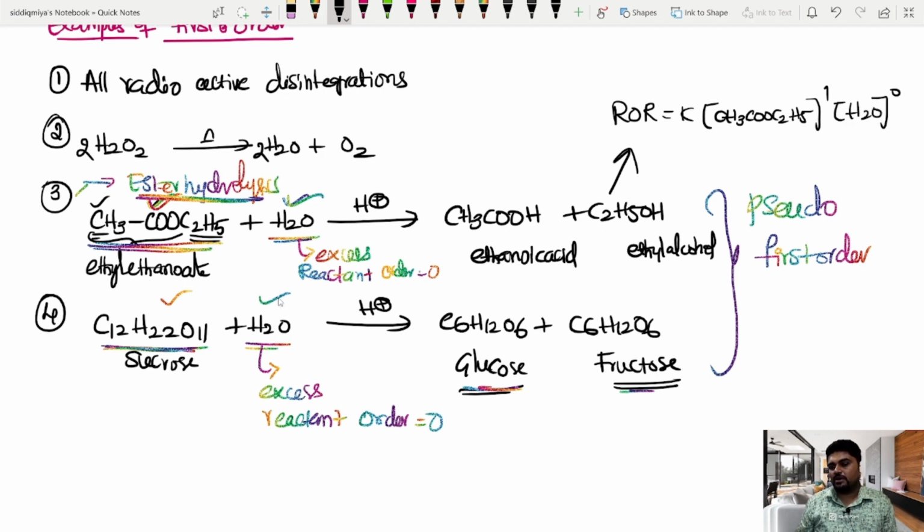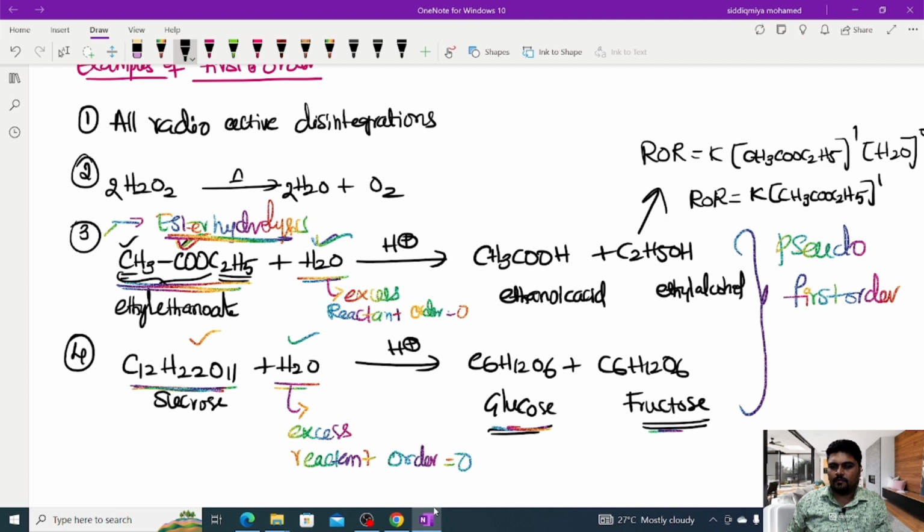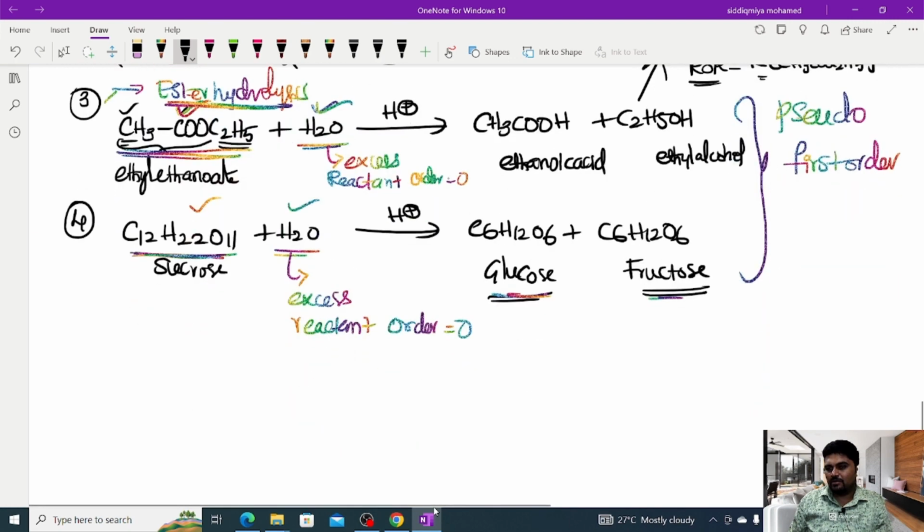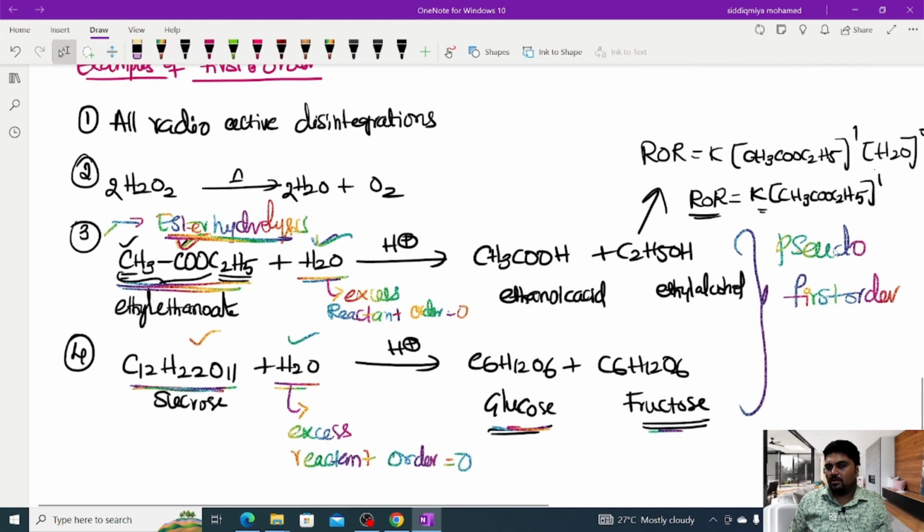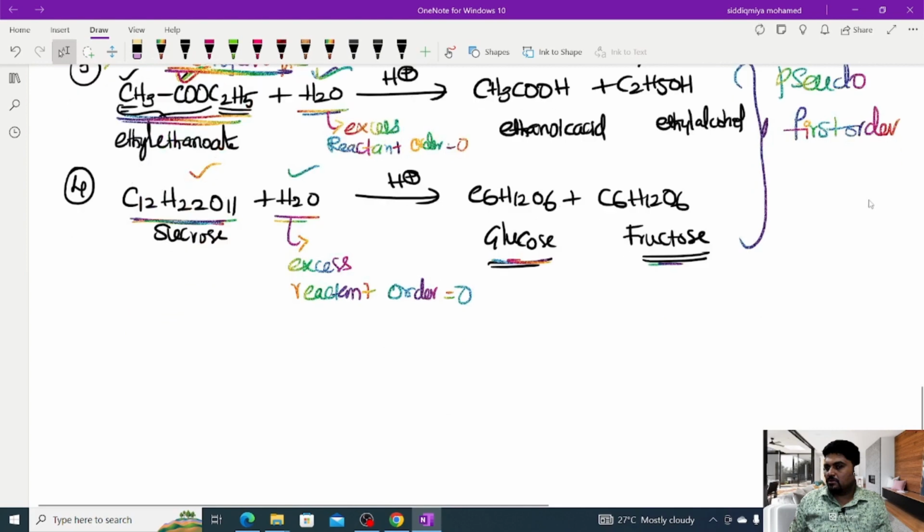So finally, for ester hydrolysis you can write ROR is equal to K into ester concentration power 1. Why? Because water is in excess amount, so with respect to water the order is 0.